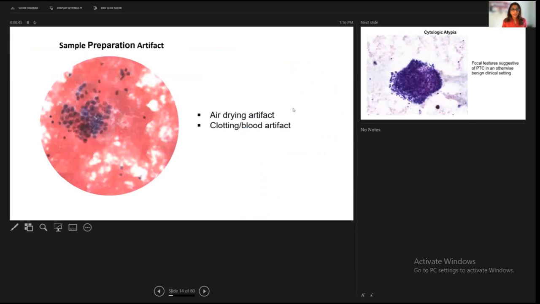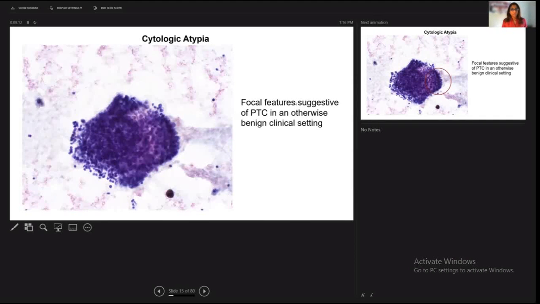This category is very helpful when you have a lot of air drying artifacts or clotting or blood artifacts. And the reason is because the nuclear details are very hard to see in some of these artifacts. And you don't want to go over and just call this benign or call it malignant when the sample is just suboptimal for rendering such a definitive diagnosis. So in this instance, the atypical category is a very good category to use.